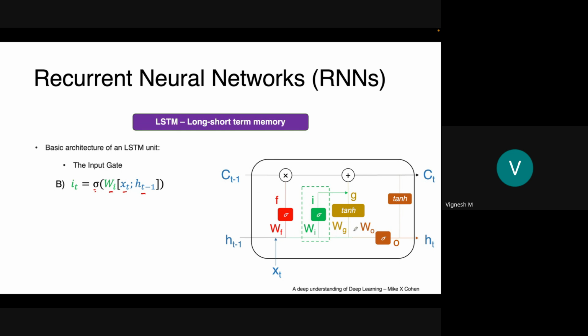It is influencing your current activations. That is, it's combining your current input and previous states and decides which current samples. Very important to understand: this particular pathway that you can see, which goes from here to here, determines the current activations of the neural network.